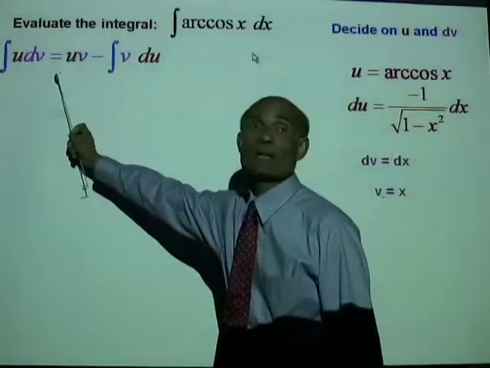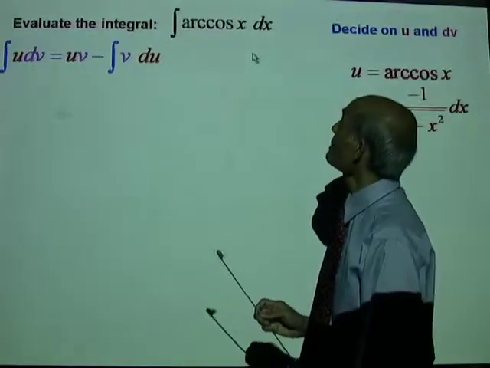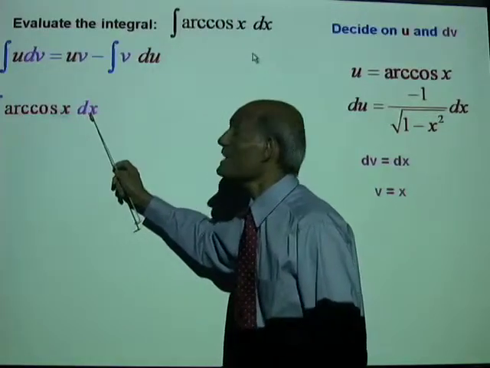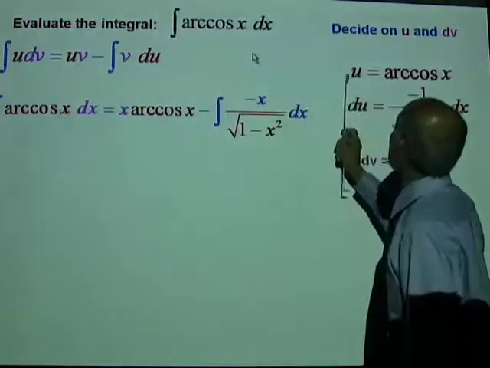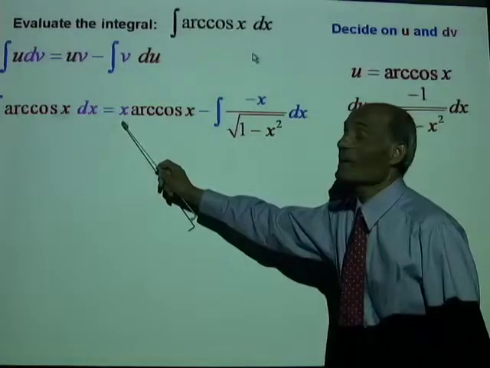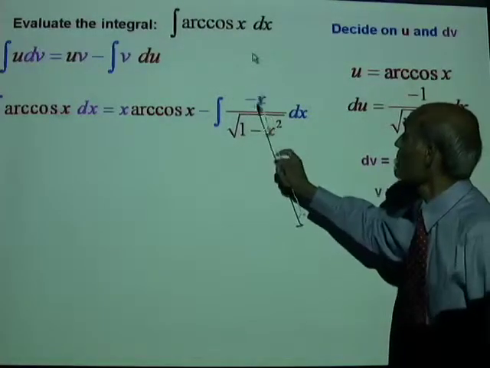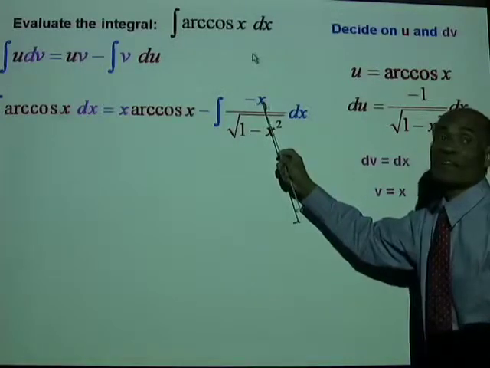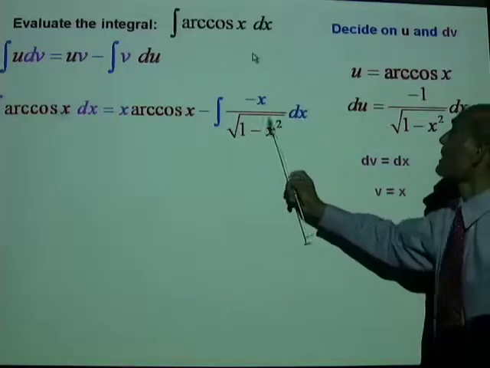All right, let's go here. Integral u dv is uv minus integral v du. Therefore, integral arc cos x dx is uv, u times v is arc cos x times x, which is x arc cos x, minus integral v du, v is x, du is negative 1 over square root 1 minus x squared.